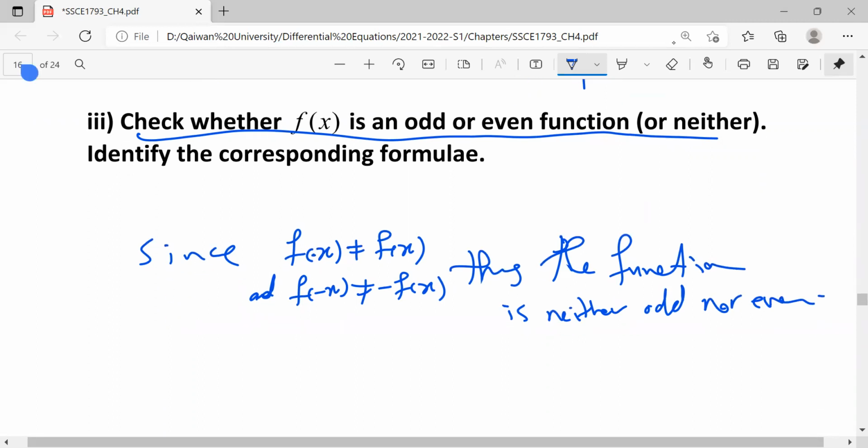So we say if a function is neither odd nor even, we must find all a0, an, and bn. We must find them all.